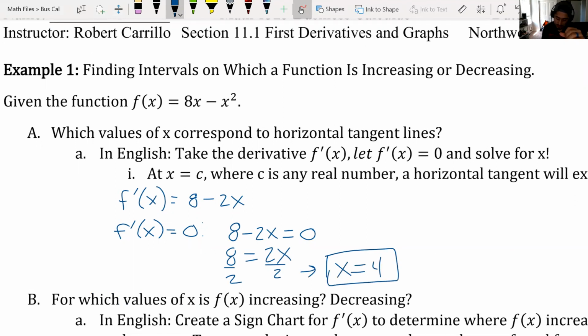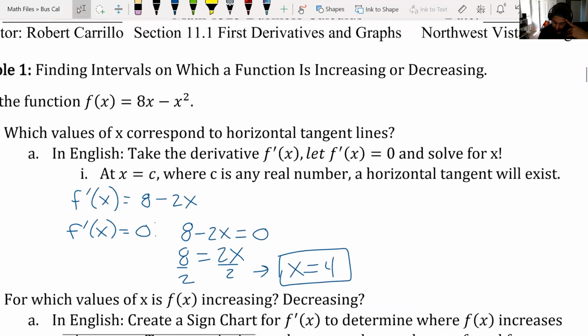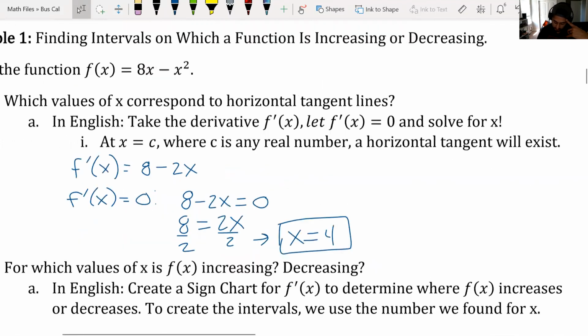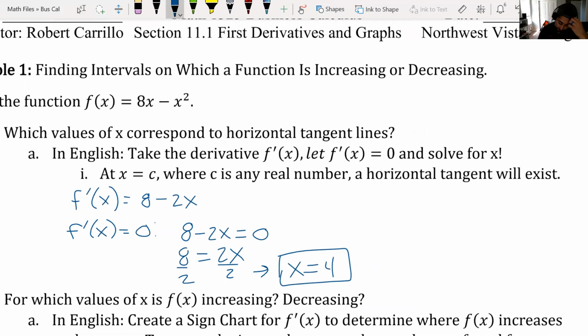Okay. So when x is 4, a horizontal tangent line will exist on the original function. So that's what we have found. Also what we have found is that this number 4 now becomes a partition number.